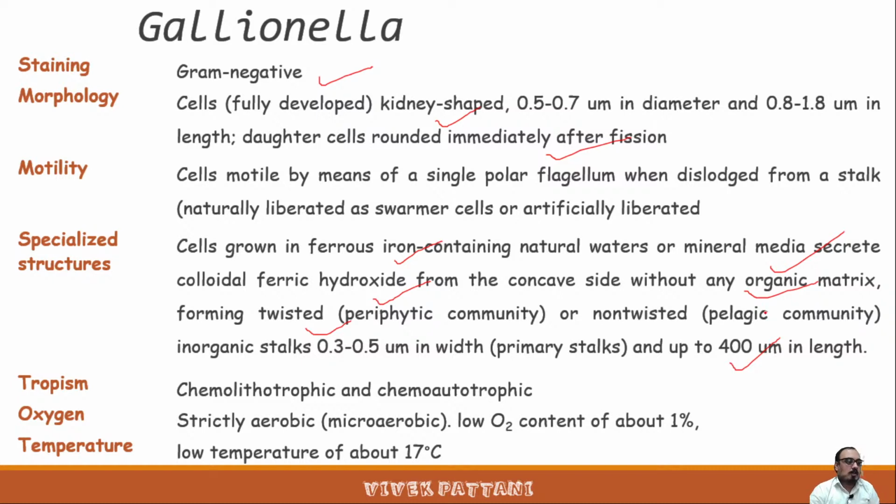Tropism, they undergo a chemolithotrophic or chemoautotrophic mode of nutrition, and they are strictly aerobic. Some are microaerobic and can survive at an oxygen content of only about 1%, and at low temperature down to about 17 degrees Celsius.